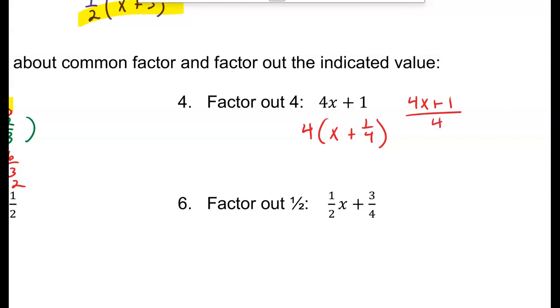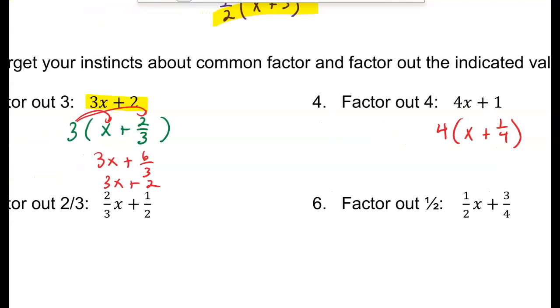I'm dividing everything by what? 4, which is really you're going 4x over 4 plus 1/4. Oh, what does my quantity get? X plus 1/4. Are you seeing how we undistribute? Or you can even think fractionally, like how are we getting those values? Because why do I need to know this? Oh, just so we can pull out our b value carefully.